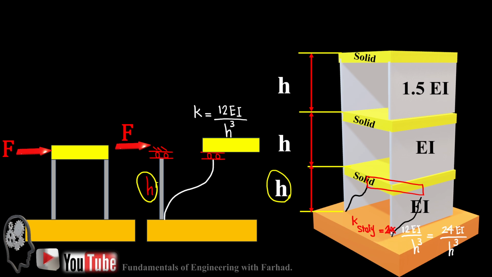So the stiffness of a story with two of them is 24EI over H cubed.